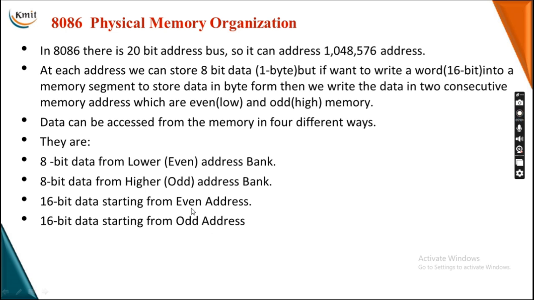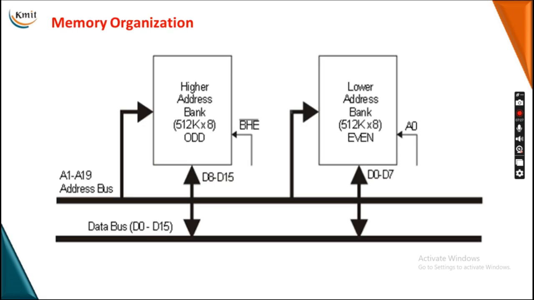Even means low order address, odd means high order address bank. So these are the 4 ways in which data can be accessed from the memory for processing the data. You see here.